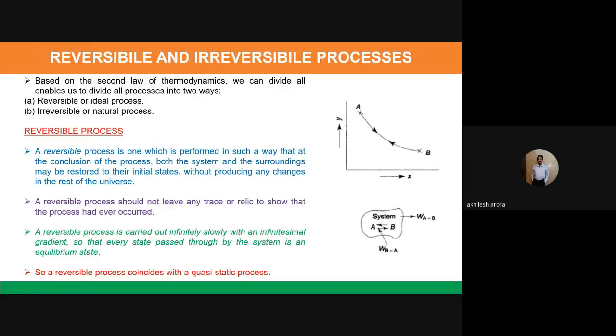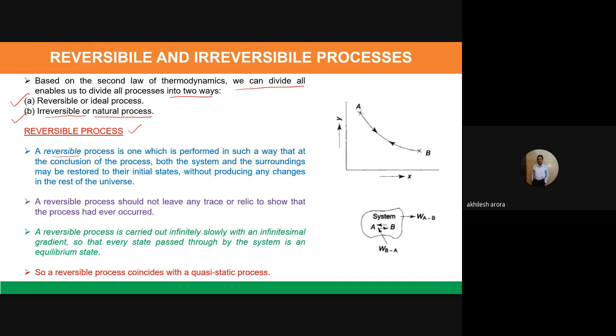Now let us talk a little bit about reversible and irreversible processes. Based on the second law of thermodynamics, we can divide all processes in two ways. The first one is the reversible or ideal processes, and the second one is the irreversible or natural processes. Now, what is a reversible process?